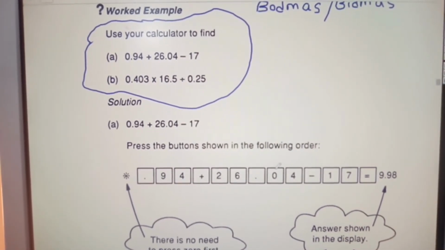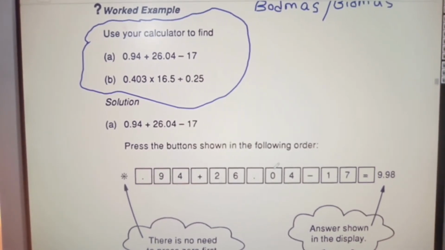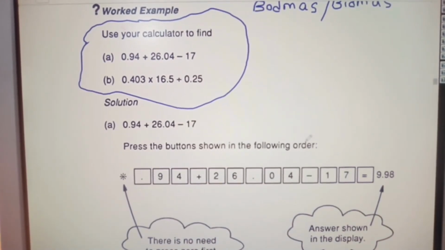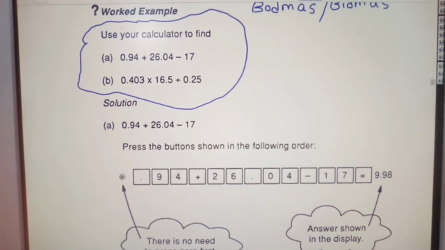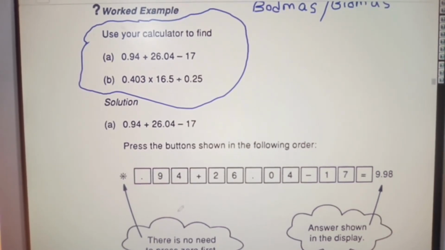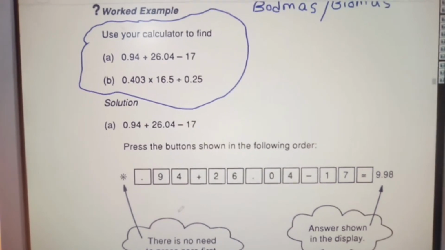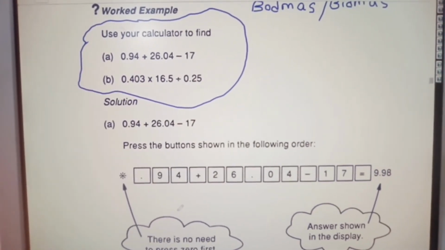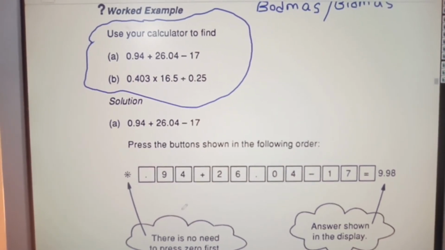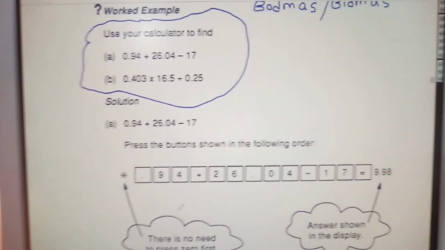Now ignore this because we don't have a star.